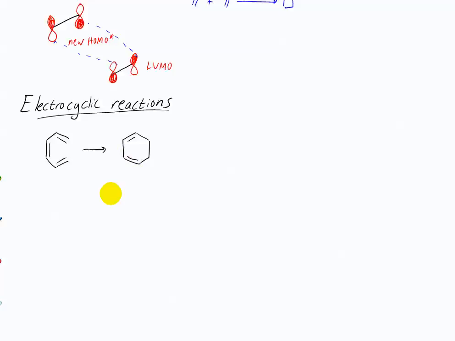You've formed a ring based on removing some electrons around the structure. Electrocyclic.